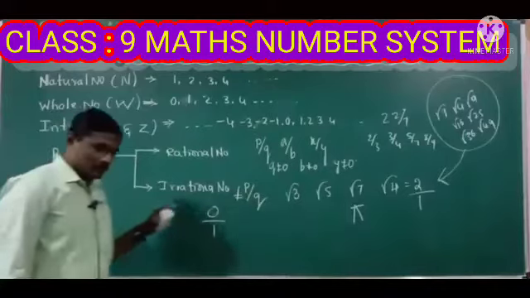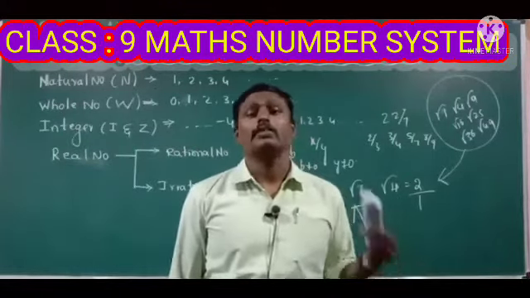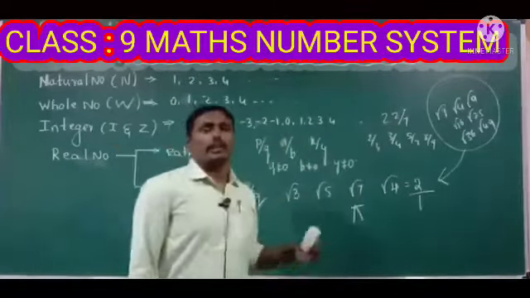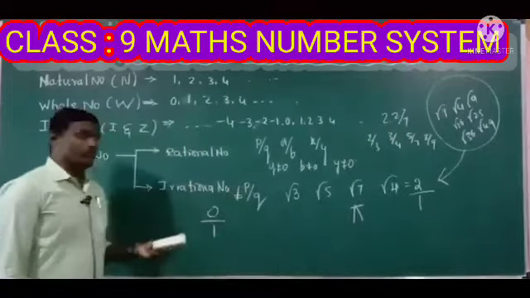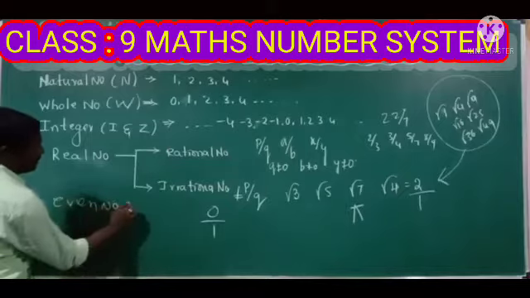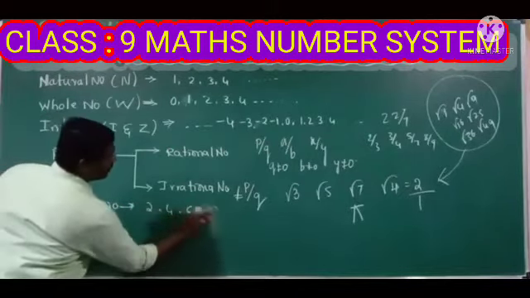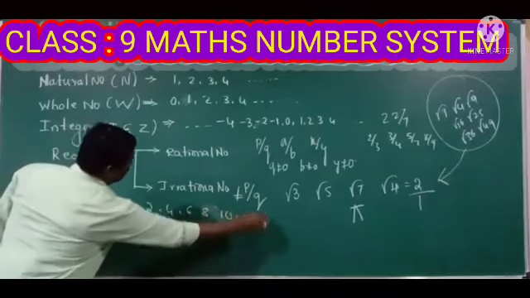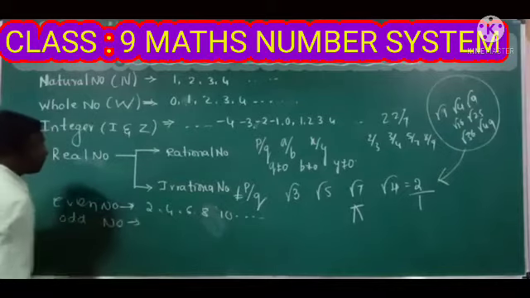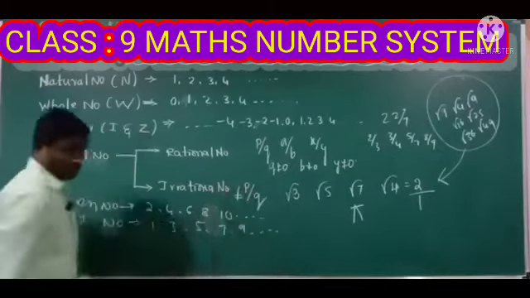Even numbers are the numbers which are exactly divisible by 2 without leaving any remainder. Examples of even numbers, this is just basics, are 2, 4, 6, 8, 10. So these are the even numbers. Next one, odd numbers. What are the odd numbers? 1, 3, 5, 7, 9. These are the odd numbers.